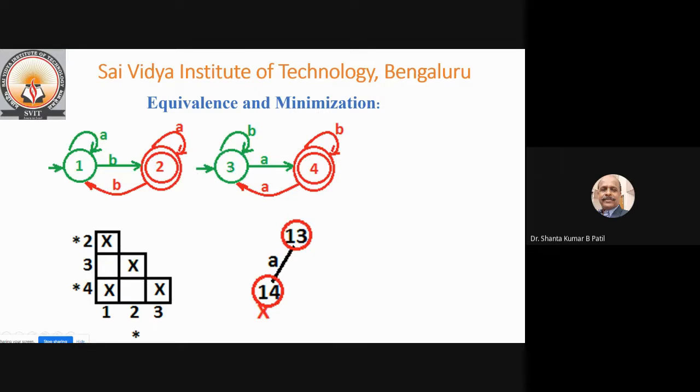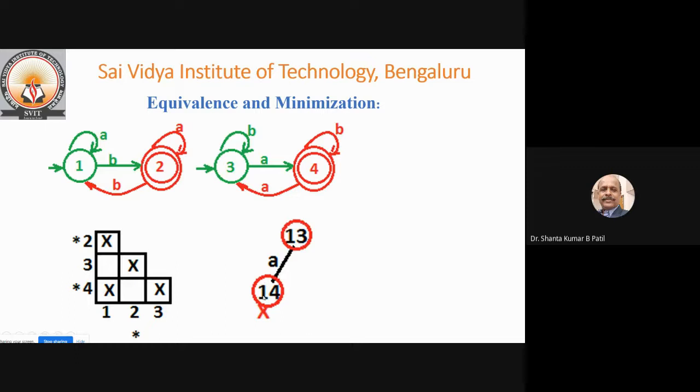The root node is the pair of initial states of the two finite automata, so 1 3. Construct two branches from 1 3: one on the symbol A and the second on the symbol B. For the symbol A, we obtain the pair 1 4.